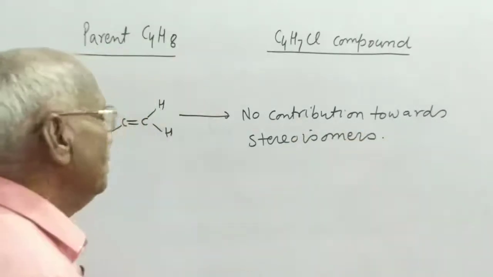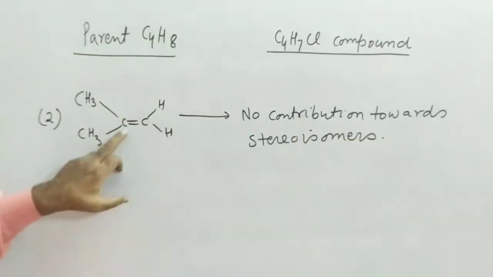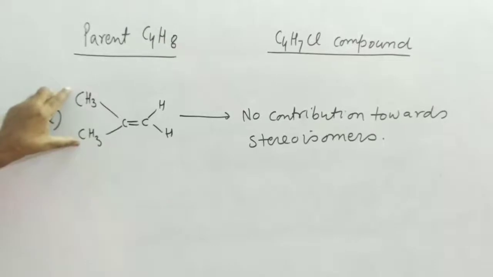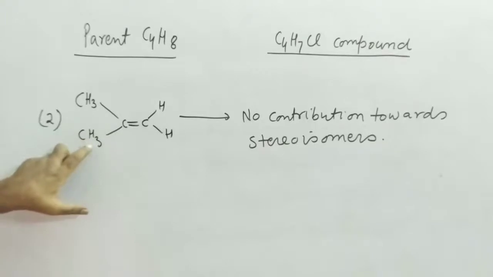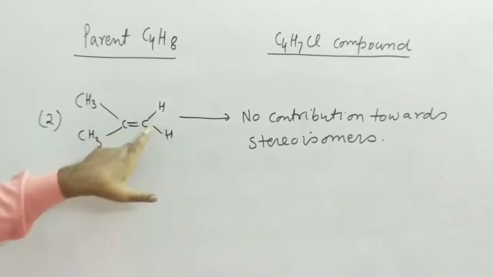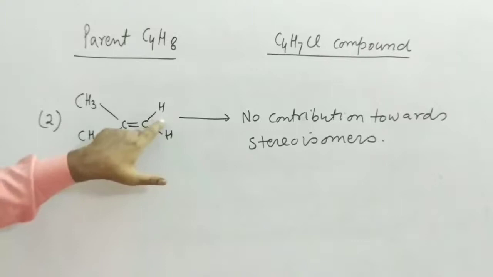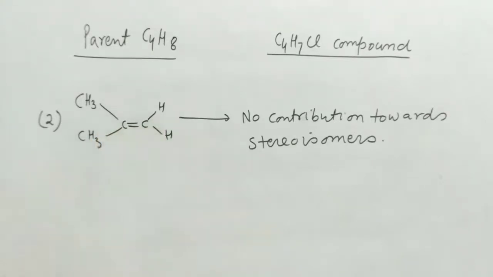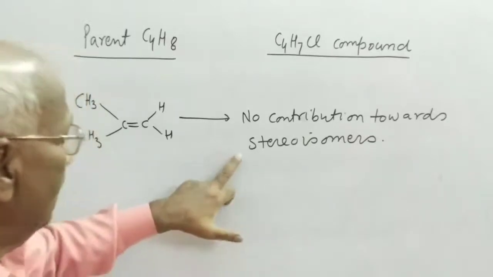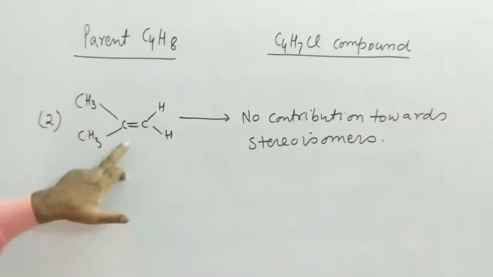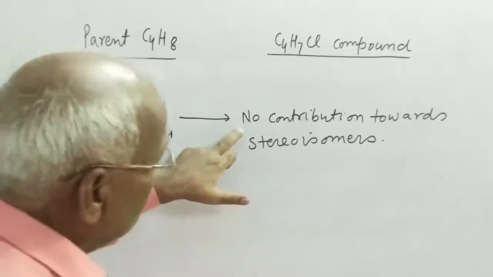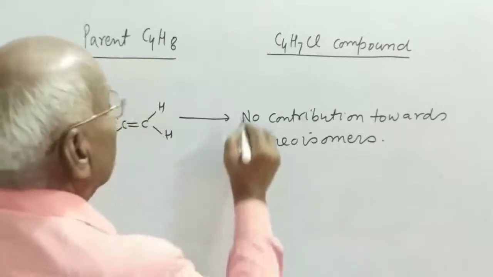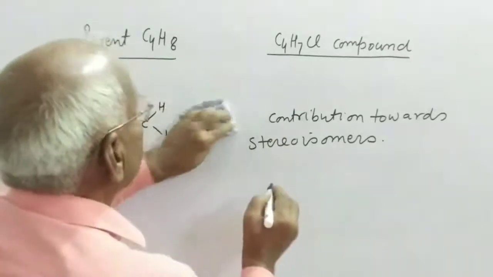The reason is very simple. This carbon carries 2 identical methyl groups. If I replace one methyl group by H, then we get this carbon atom containing identical hydrogen atoms. Due to this reason, no new stereoisomers can be created with the help of this structure. Therefore, this structure has no contribution towards stereoisomers.